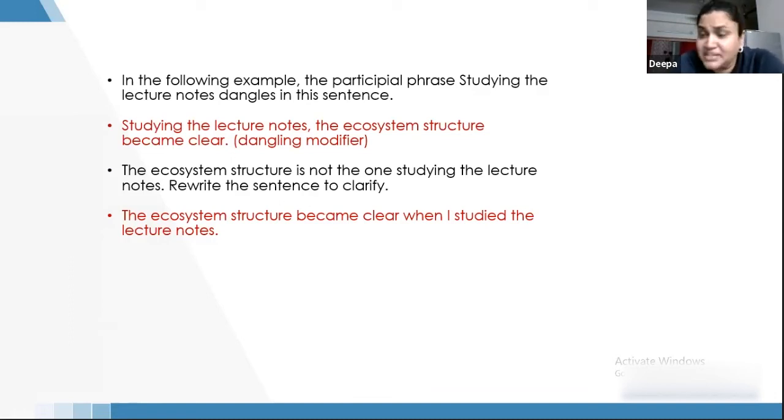Now, the first sentence also, studying the lecture notes. Who studied the lecture notes? I studied the lecture notes. So I have to say that. Studying the lecture notes, I found the ecosystem structure more clear, or something like that. So this is one way of using it. The ecosystem structure became clear when I studied the lecture notes. It is better.